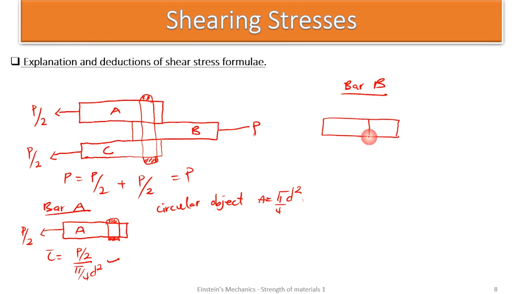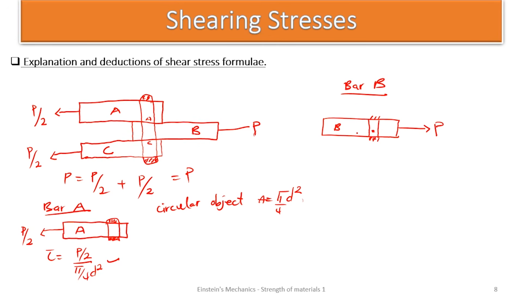Now the rivet will be broken at two joints. Looking at bar B, the top bar A will break at A, and the C will break at C, meaning this bar B is going to have two breaking points. Are we good? Two breaking points of the rivet.